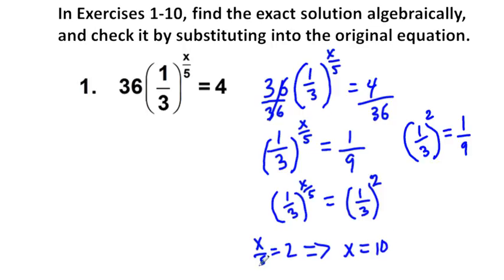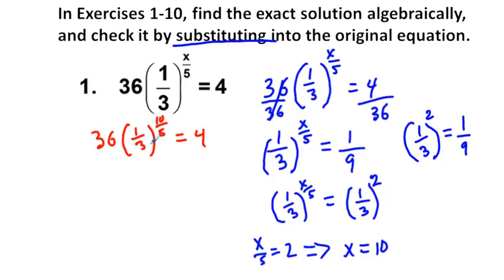And that should be our answer, but we're going to substitute into the original equation. Here, on this equation up here, I'm going to do this in red. We have 36 times (1/3) to the power of 10 over 5, and we should have that equal to 4.